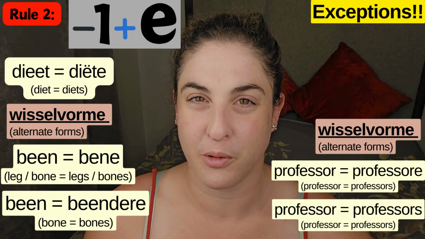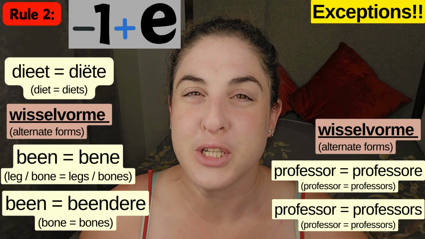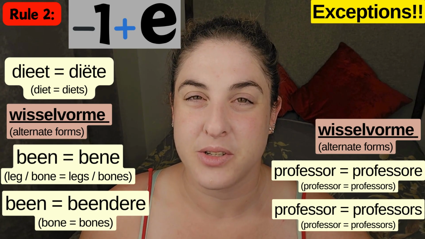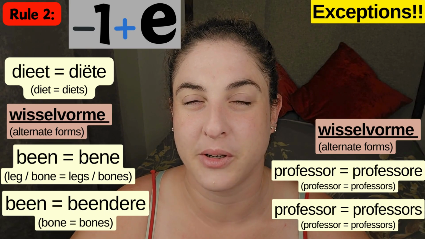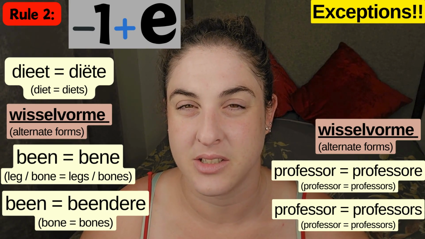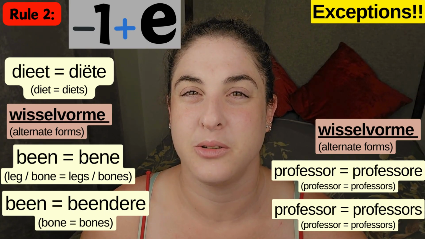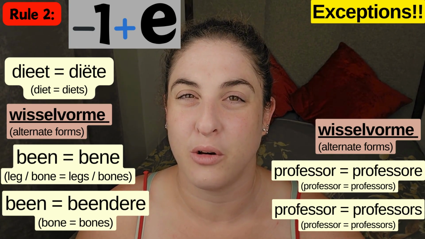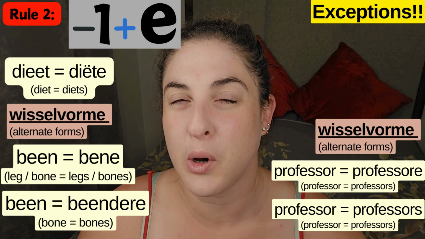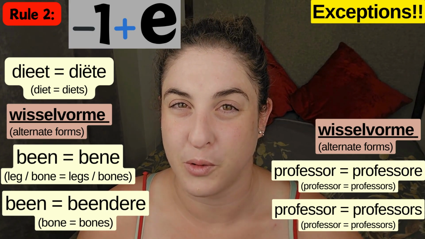But in the plural form, you have the first plural, which adheres to rule number 2, which is bene. So this one adheres to rule number 2, and it has both the meaning of legs and bones in its plural form.